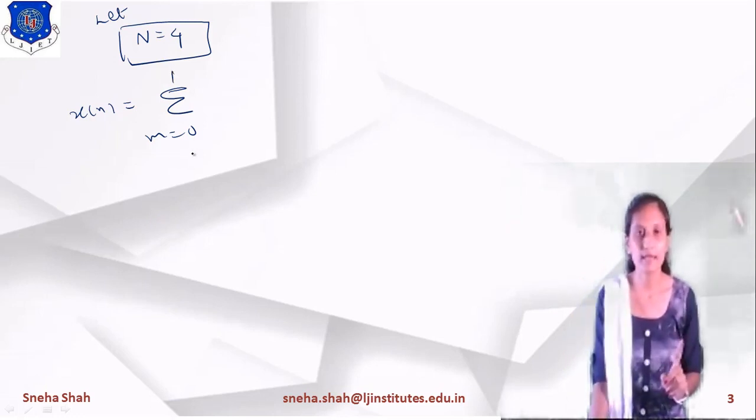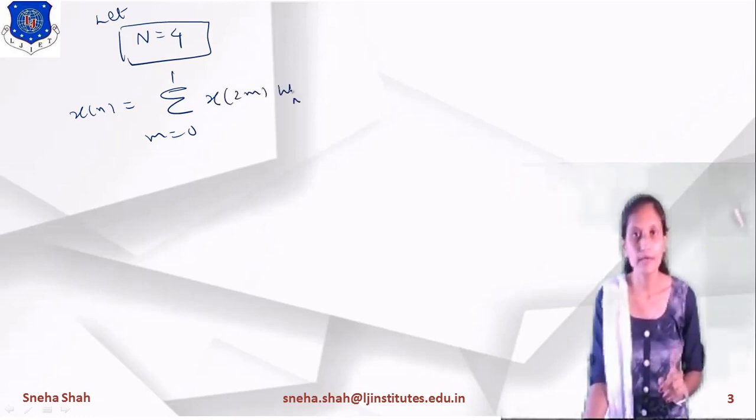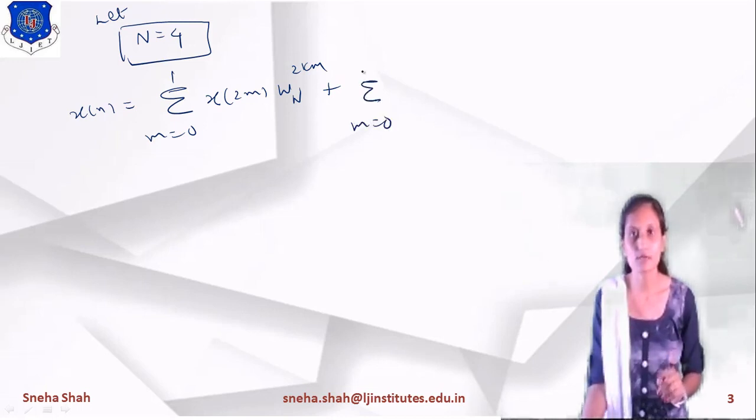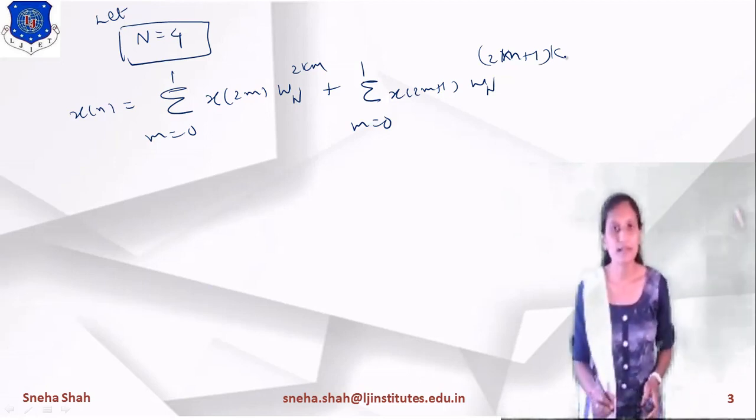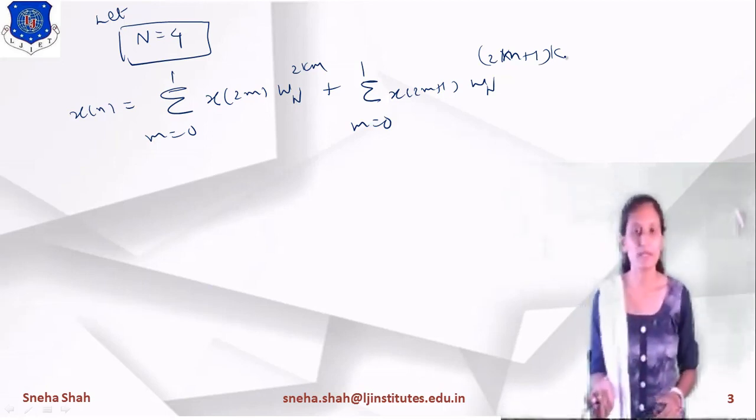So the term will be summation n equals 0 to 1 x of 2n W_N raised to 2kn plus summation n equals 0 to 1 x of 2n plus 1 W_N raised to k into (2n plus 1), right? Now in this, we use the values n equals 0 and n equals 1.